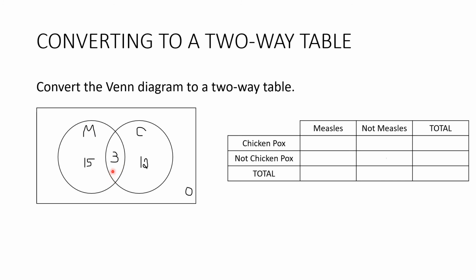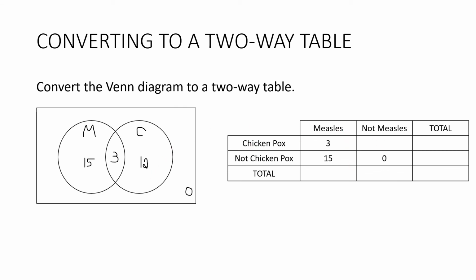Right, let's start with what we can see. 3 people have had measles and chickenpox, so that goes in here. 0 people have had neither disease, so that goes in here. All right, then we have got 15 people who've had measles but not chickenpox, so it just goes straight in there.